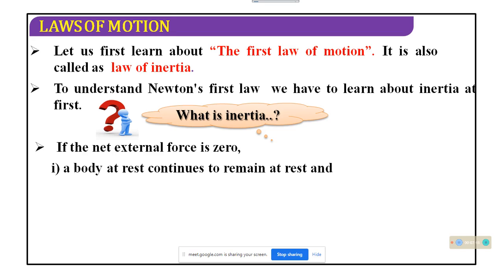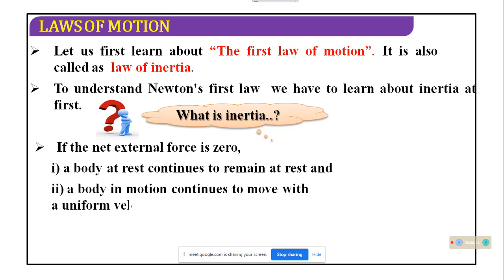What is inertia of rest? It says that if the body is at rest, it will stay at rest. And inertia of motion says that if the body is in motion, it will stay in motion forever, continuing with its state of motion.